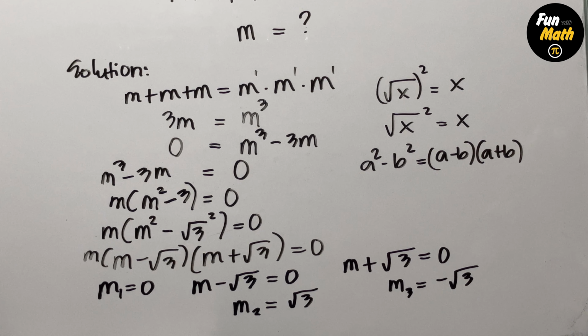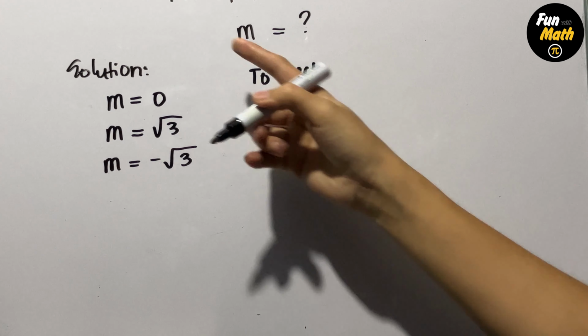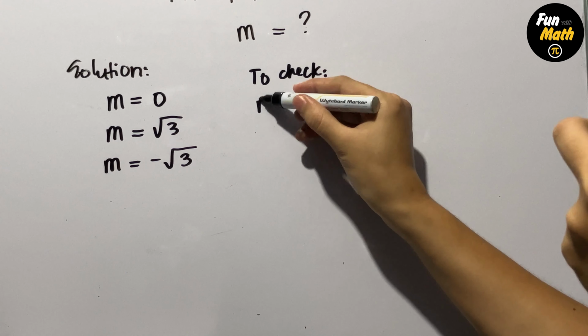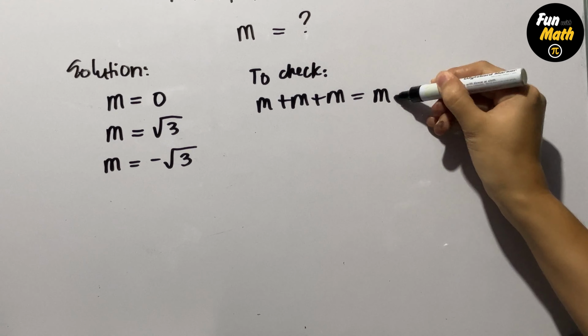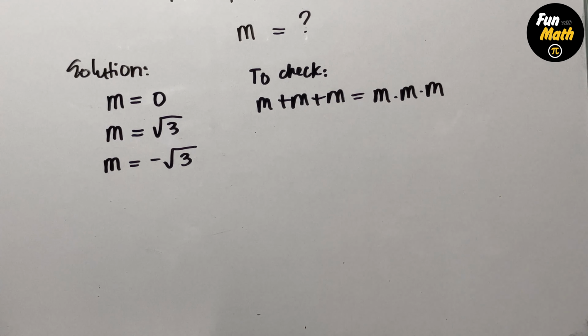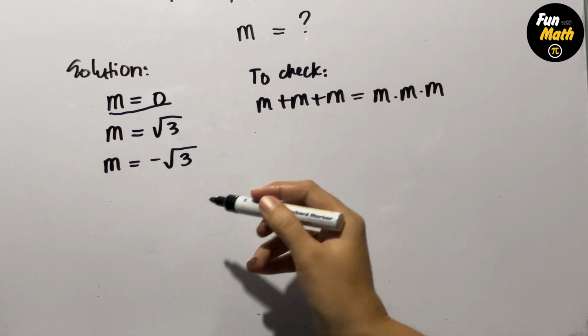Now, before we end, let's make sure that these values of m are all correct. Now, let's check. Let's use the original equation. M plus m plus m equals m times m times m. So using the first value, m is equal to 0.